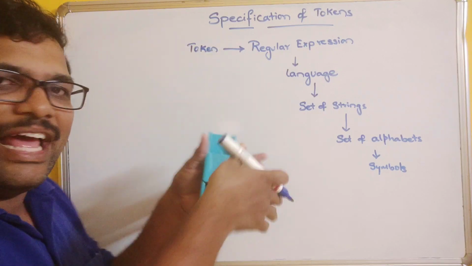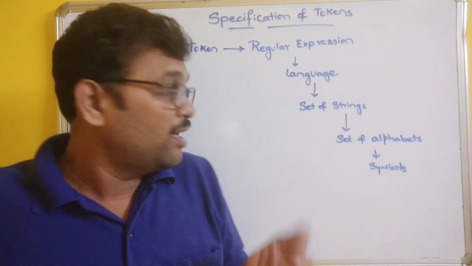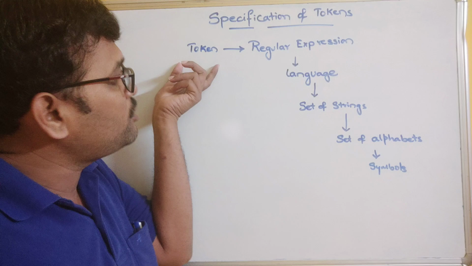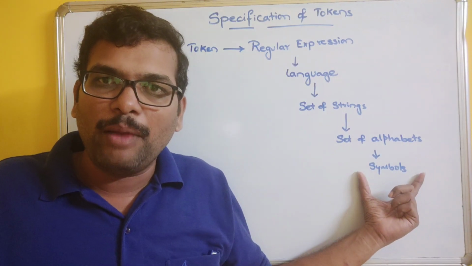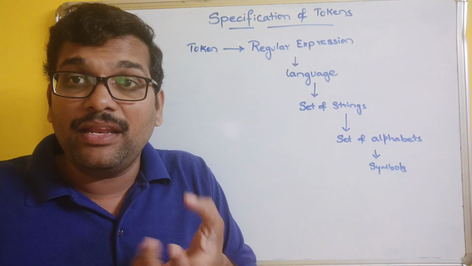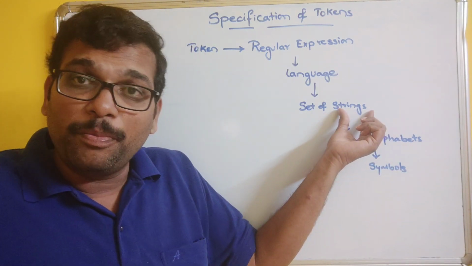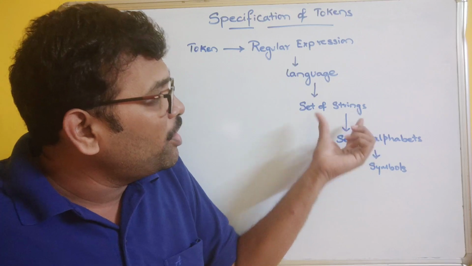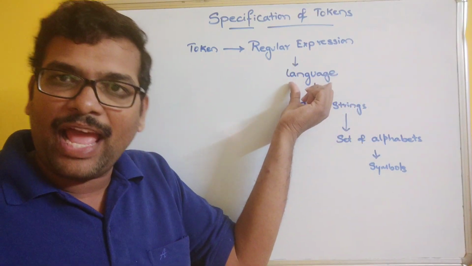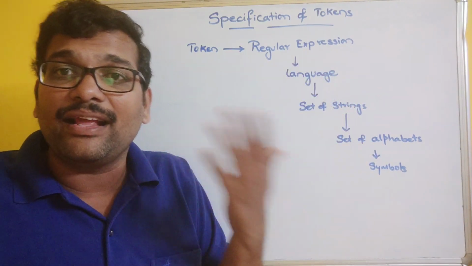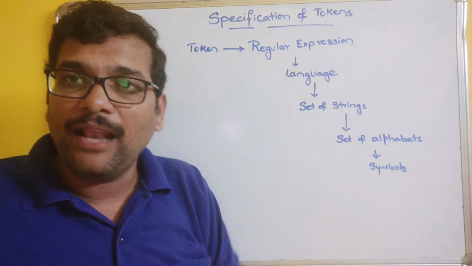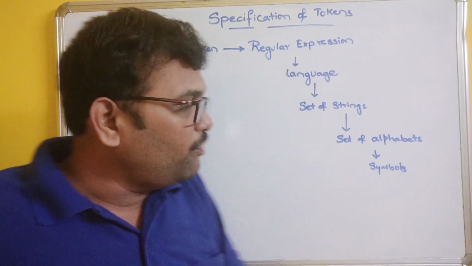So this is the hierarchy of how we can specify a token. To specify a token, we should know about symbols, and by combining a group of symbols we get alphabets or strings, and grouping these strings we call a language, and we decide the regular expression for this particular language, right? Now we'll see one by one.